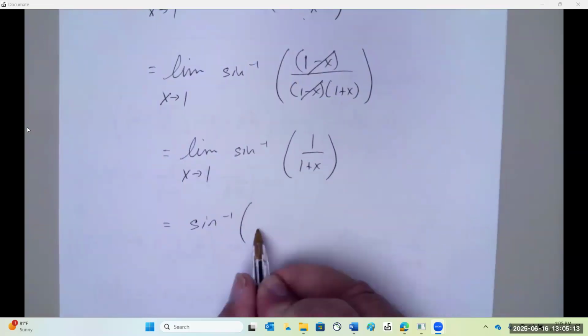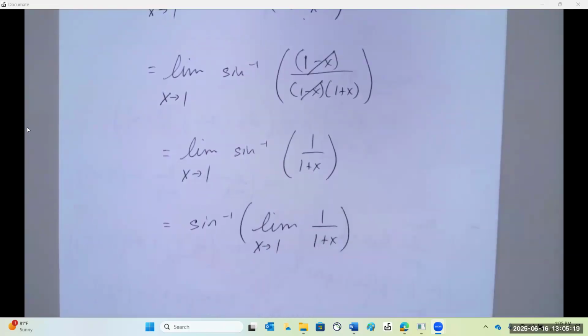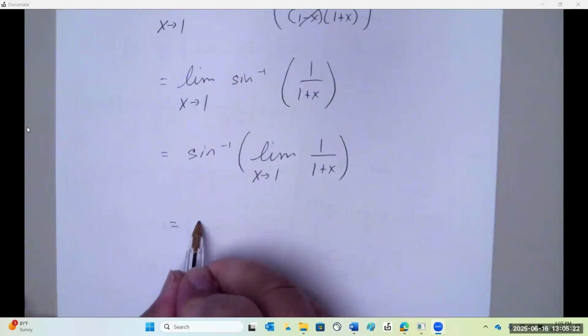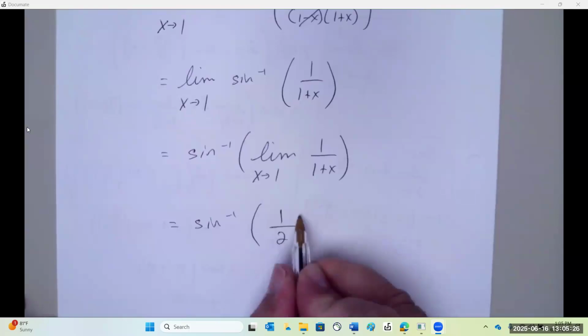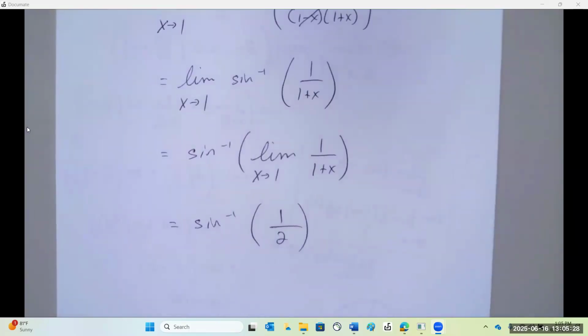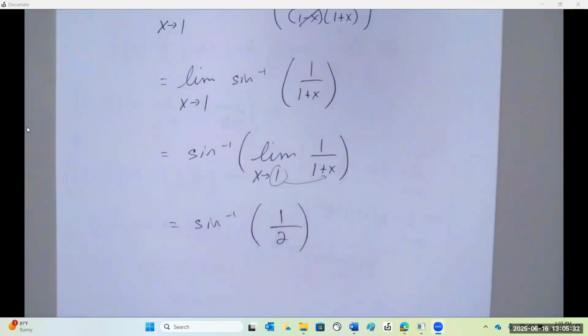And the inverse sine of the limit as x approaches 1 of 1 over 1 plus x is 1 over 1 plus 1, which is 1 over 2, because x is 1. So what's the inverse sine of 1/2?